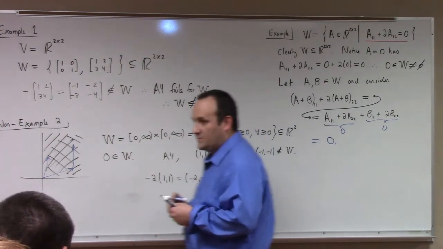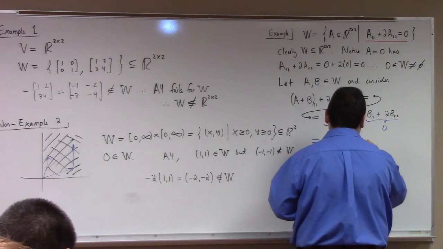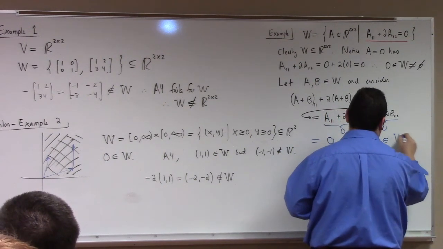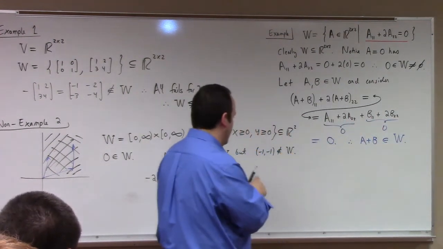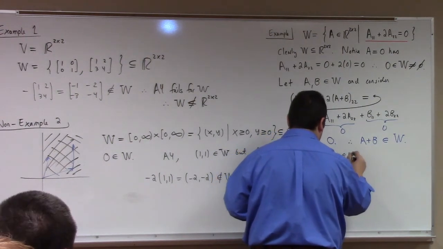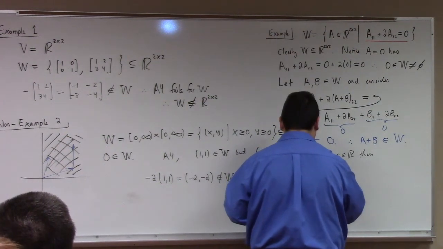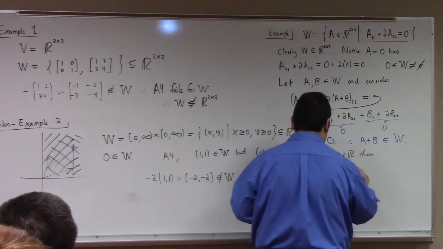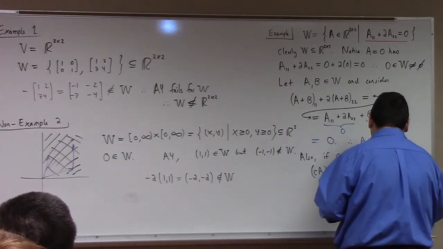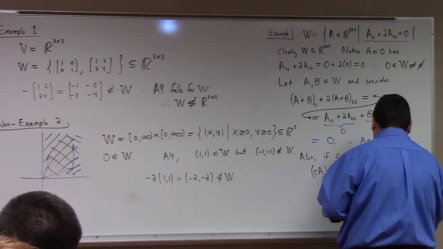So as you can see, A plus B has met the condition to be in the club, and so therefore A plus B is an element of W. Also, if C is a real number, then CA11 plus 2 times CA22 is C times A11 plus 2A22, which is equal to C times 0, which is equal to 0.